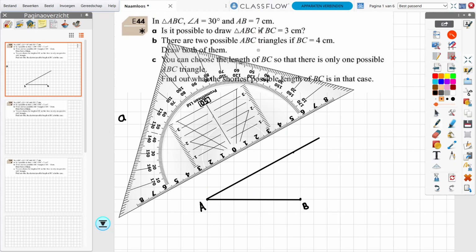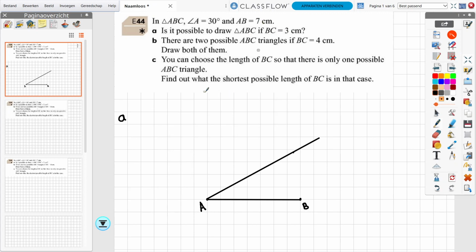You're going to investigate whether it's possible if BC is 3 centimeters. In that case, I should take my pair of compasses and make the distance 3 centimeters. So measure out 3 grids here. 1, 2, 3. And as you can see right here, if I would draw this, you'll see that this semicircle doesn't intersect with my leg anywhere, and that means this is a triangle that cannot exist.